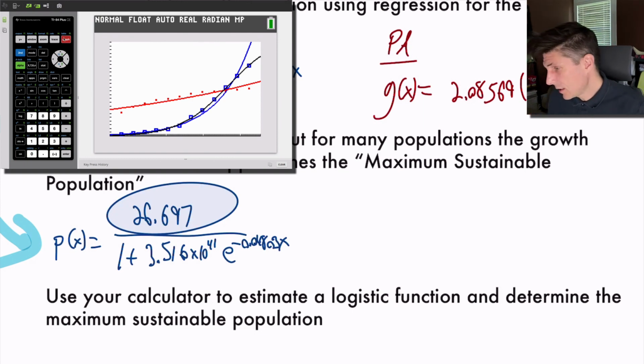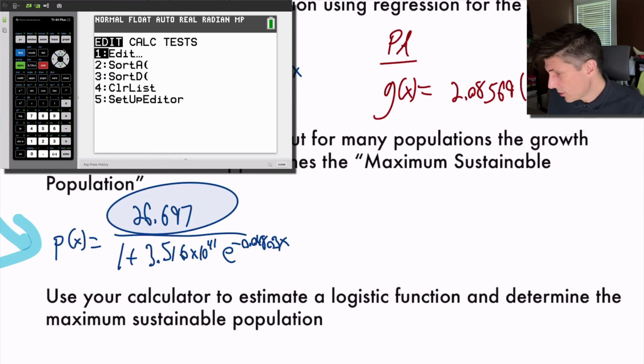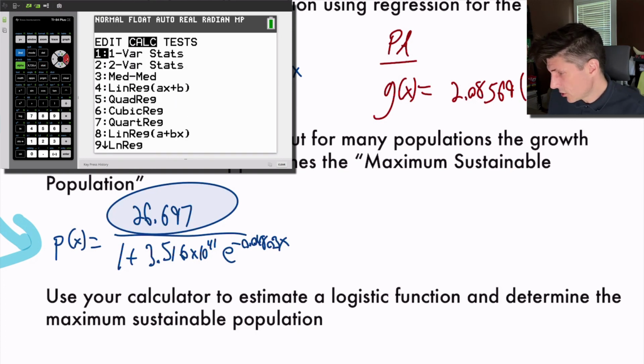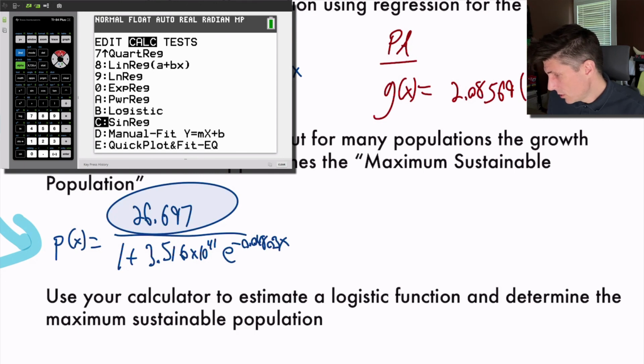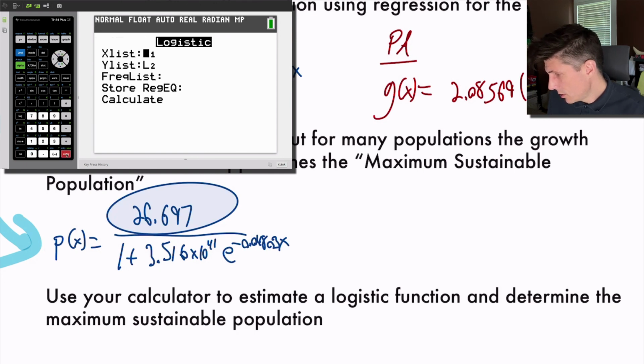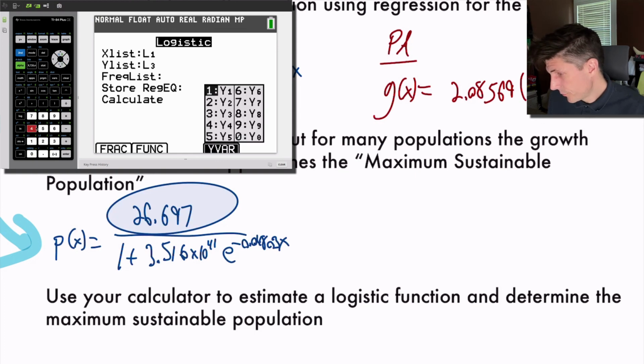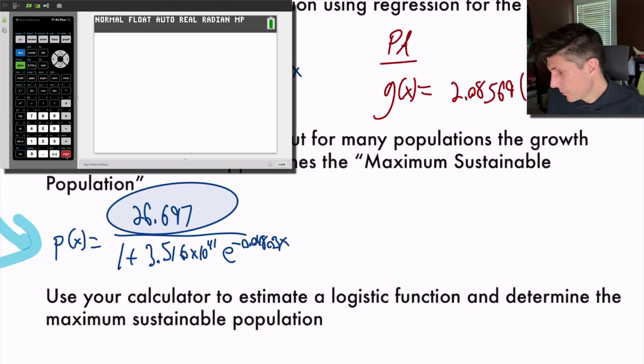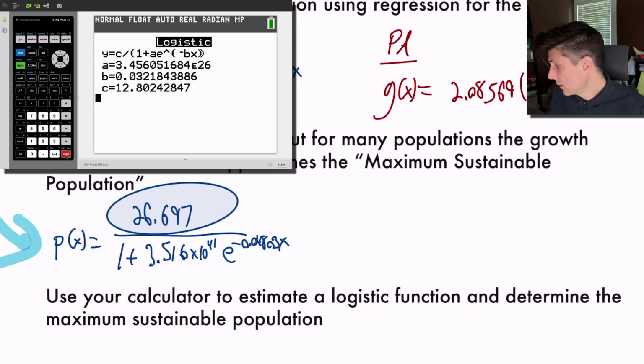And then lastly, you should try to do this on your own, but let's just also do the logistic function for the second one, for Pennsylvania. And we're going to store that in Y4. Thinking.